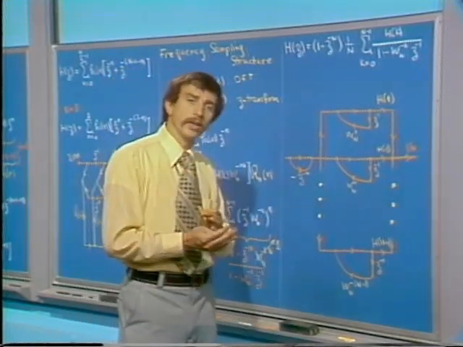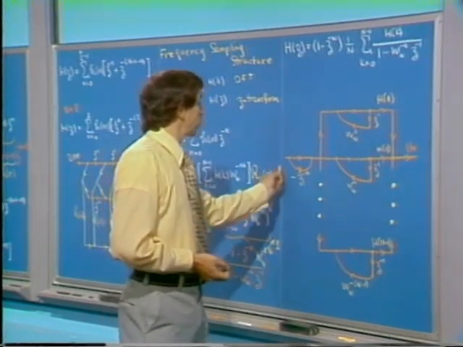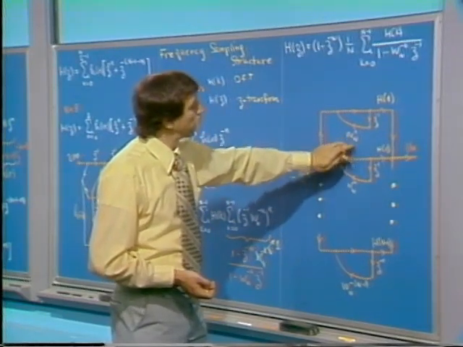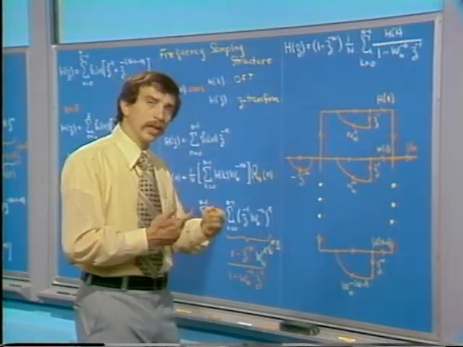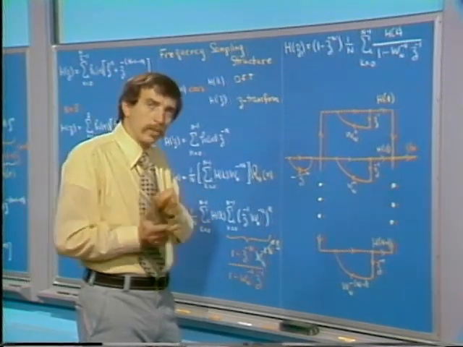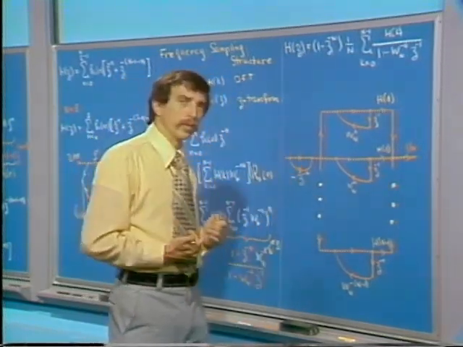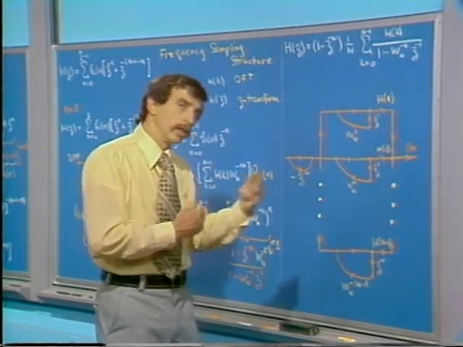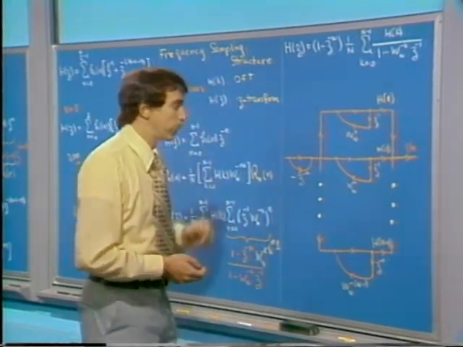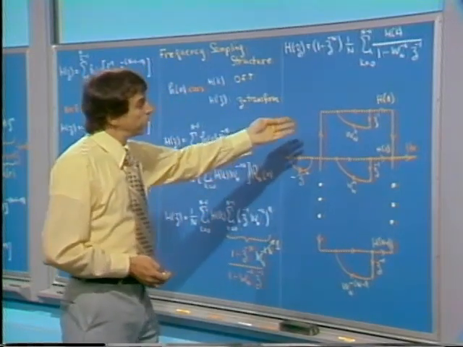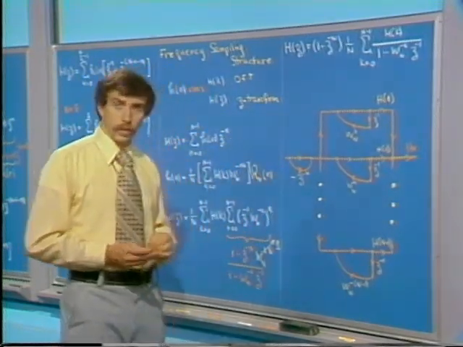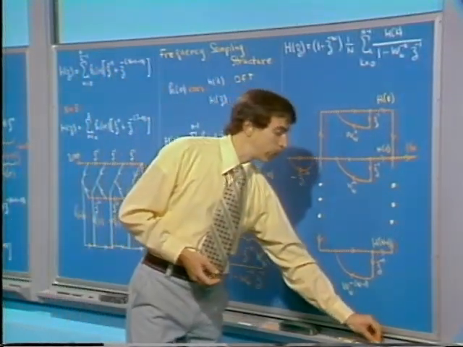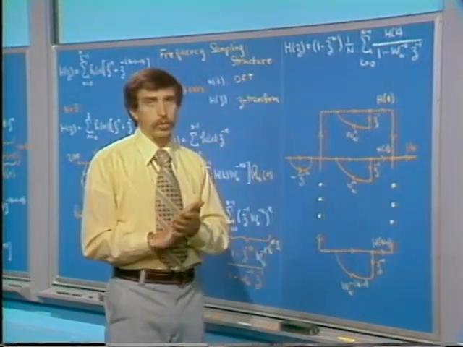Consequently, I'm able to share among all of the filters in the filter bank these delays, and the multiplications by powers of W. And the only additional pieces that differ between the filters in the filter bank are the coefficients that I multiply these outputs by. I need to multiply by the coefficients and then form the linear combination. So those then are the two primary advantages to frequency sampling structures. And in fact, frequency sampling structures have found application primarily for those two reasons.